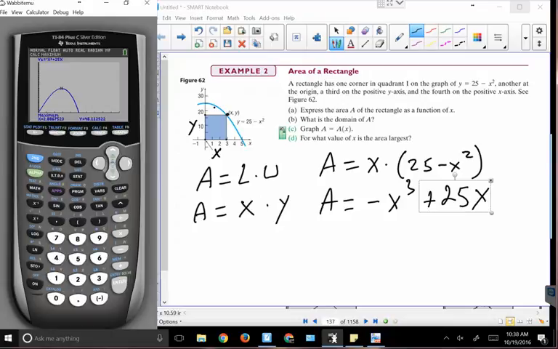Okay. Says the maximum is at 2.8, which comes up to be 48.11. So if x is at 2.8, what is y at?